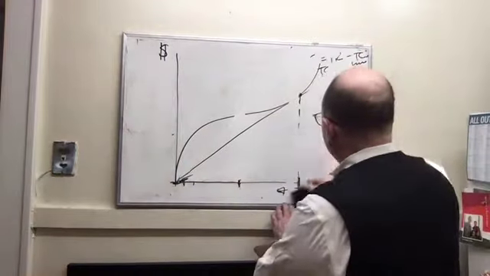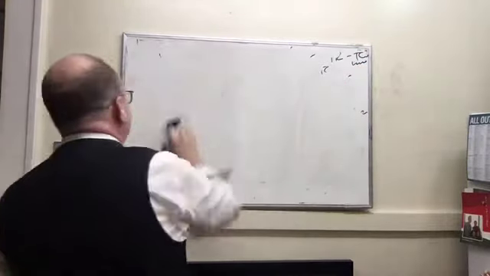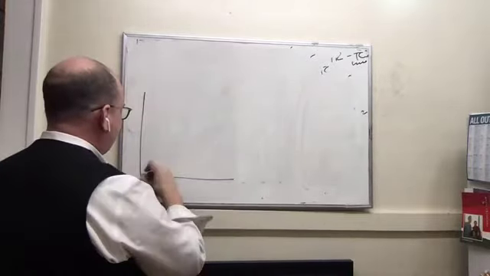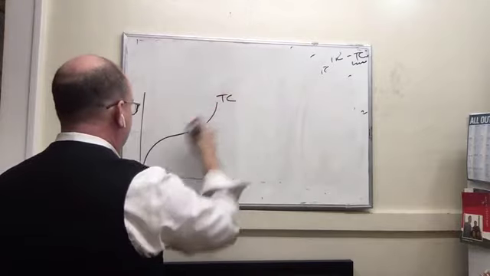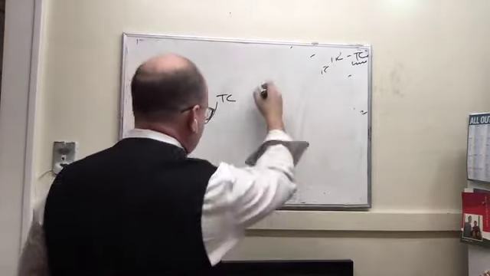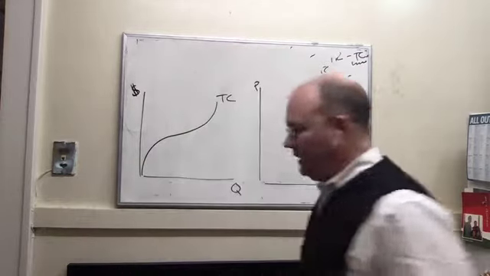So let me see if I can put two things on the same graph here. And maybe this will be a train wreck. We will see. So here on this side, we have our total cost function, and we have dollars and quantity. And over here, we can go back to quantity and price.